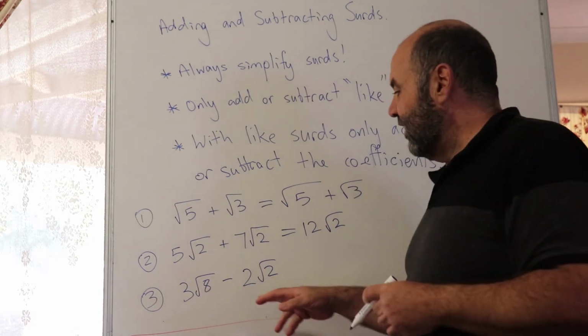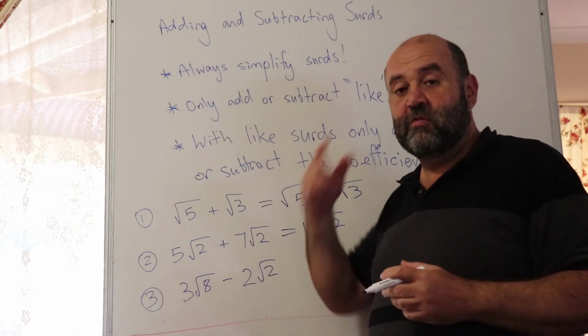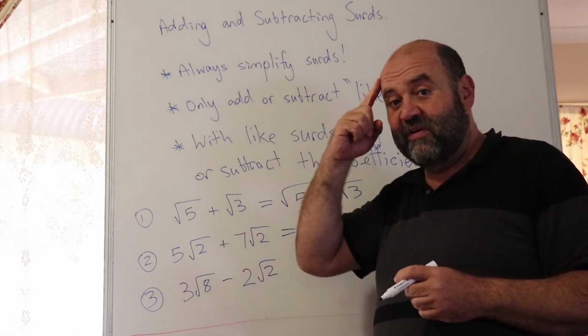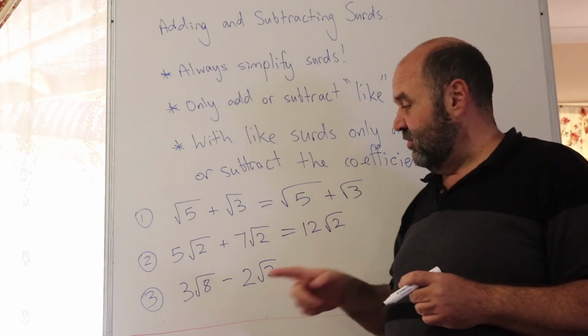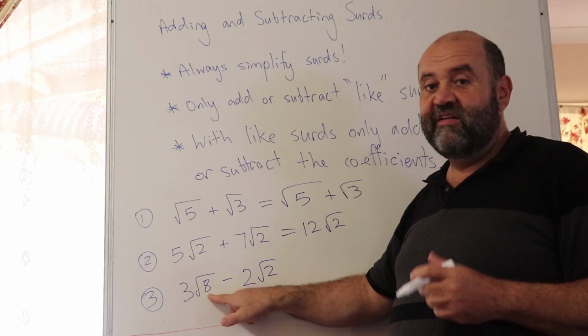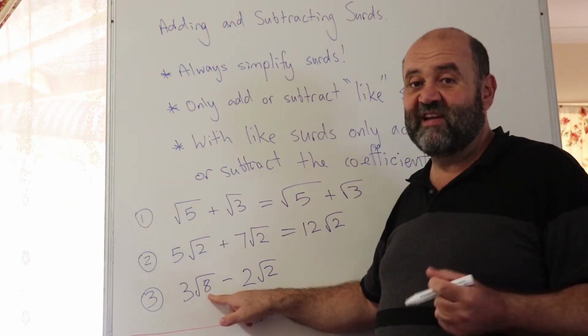So let's have a look at question 3. Now remember, whenever I look at a question involving surds, what am I always thinking? Always in the back of my mind. Square numbers, square numbers, square numbers. Look at that root 8. Is there a square number that goes into 8? Well, yes, there is. 4 goes into 8.